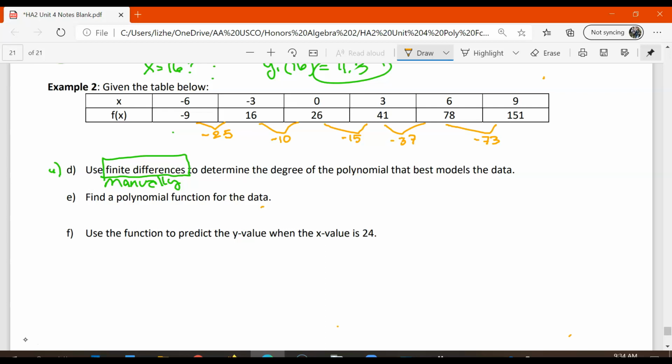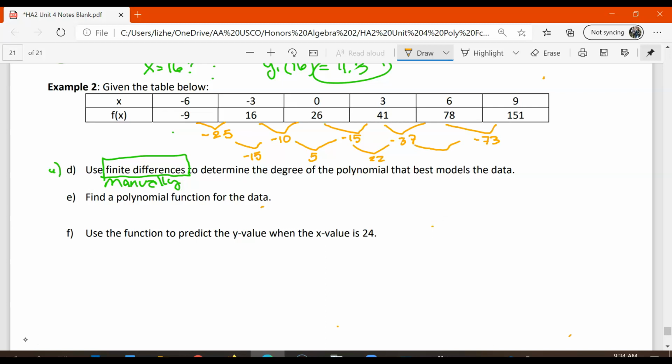So obviously those aren't the same, so we do it again. -25 minus a -10 is a -15. -10 minus a -15 is a +5. -15 minus a -37 is a 22.